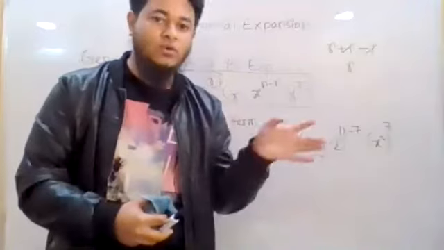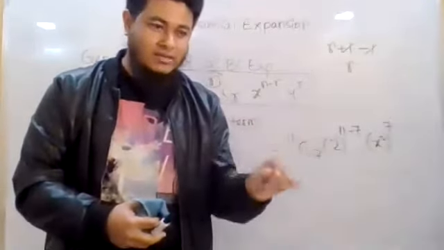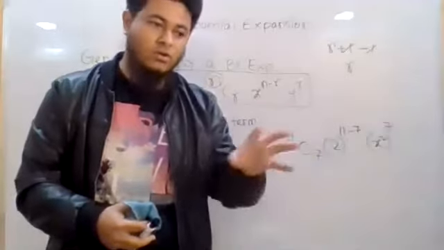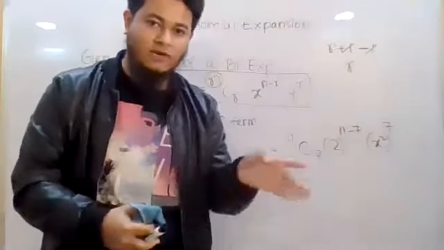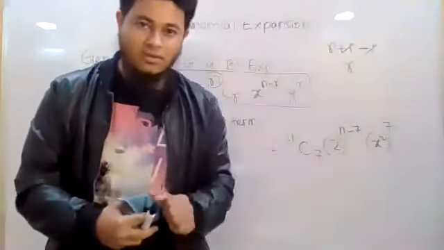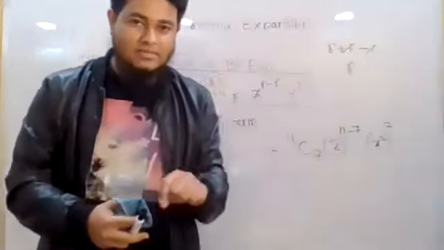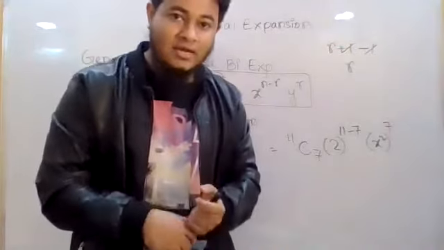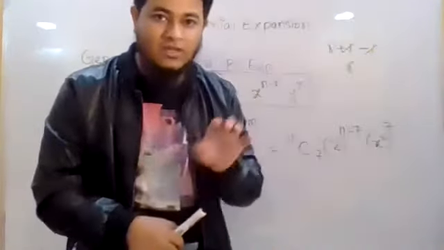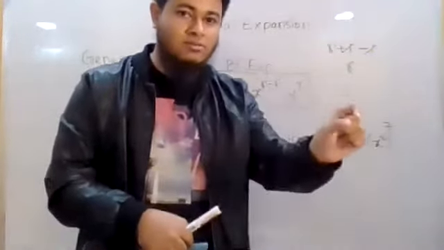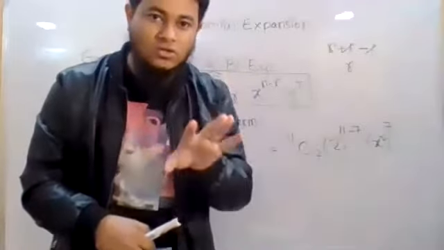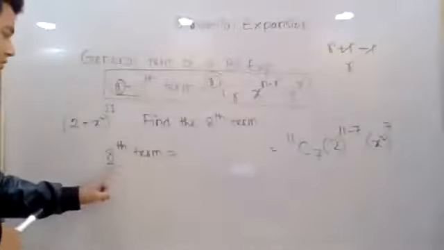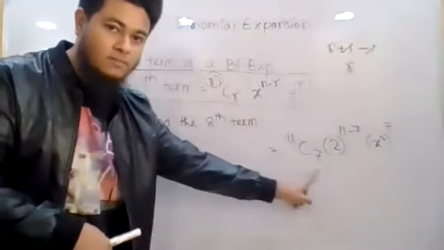So that time you will just have to say that, okay, the third term will be the middle term, or the fourth term will be the middle term, or if the number of terms is even, then you will have to say the fourth and fifth terms will be the middle terms. But in some cases they will tell you to find those terms. So that time it is not enough to say that the fourth term is the middle term or the fifth term is the middle term. That is not enough. You have to write what the fourth term is, like I have written what the eighth term is over here.